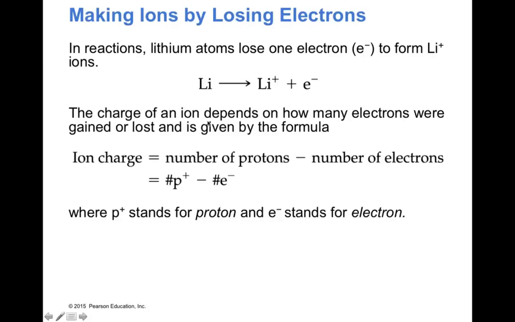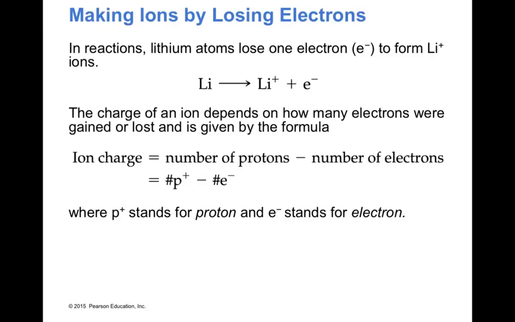The charge of an ion depends on how many electrons were gained or lost and is given by the following formula: the number of protons minus the number of electrons. The number of protons, remember, is also the atomic number, the one that represents the specific element.